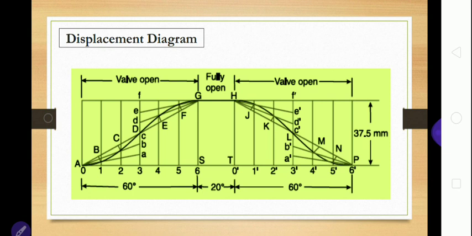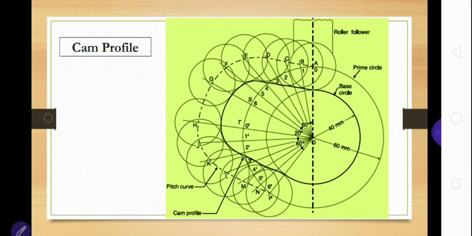This kind of displacement diagram you will get in this problem. Uniform acceleration retardation case is there. This is the way you have to draw the displacement diagram. After that you have to draw the cam profile. Here knife edge follower is not there. Here the roller follower is there.